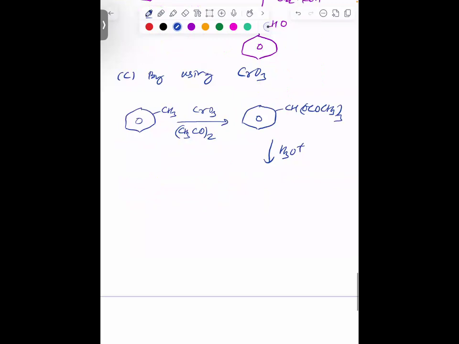After this hydrolysis, that will form benzaldehyde. After hydrolysis that will form benzaldehyde. Note down.